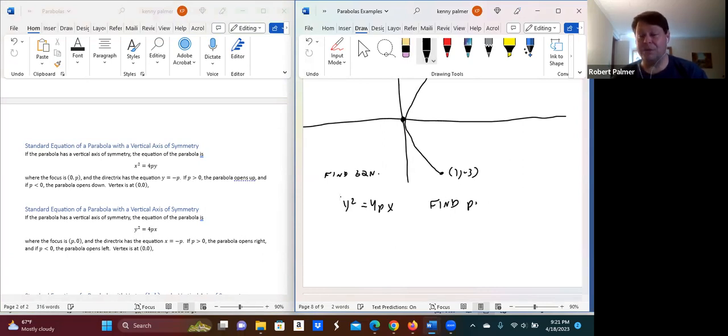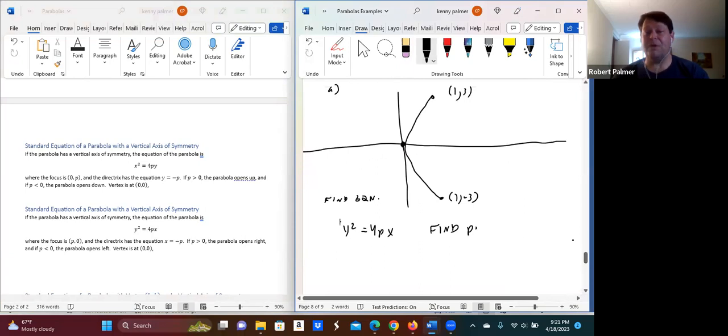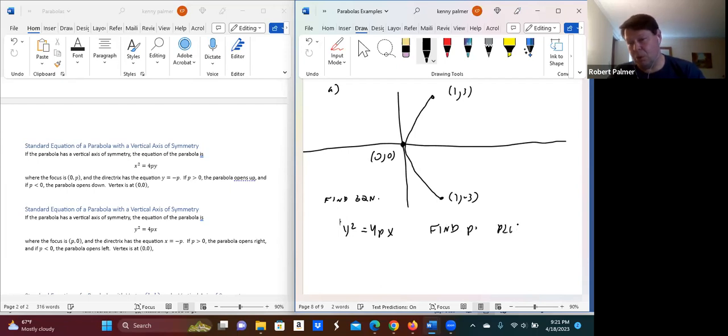Now here I can plug in either one of these points, because neither one is 0. If I plug in the origin 0, 0, that's just going to give me 0 equals 0, which is true, but it doesn't help. So I'll just pick either point; I'll plug in 1, 3. So y, 3 squared, is equal to 4p times x, which is 1.